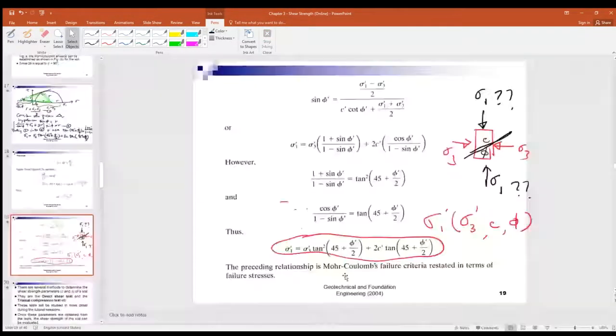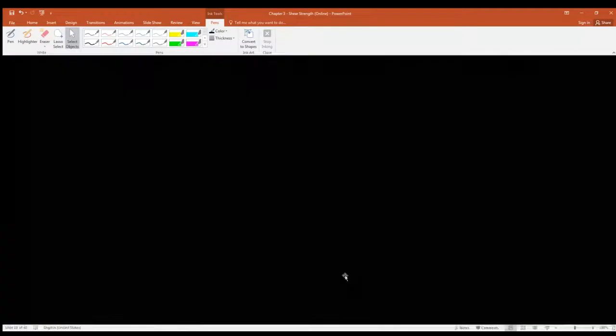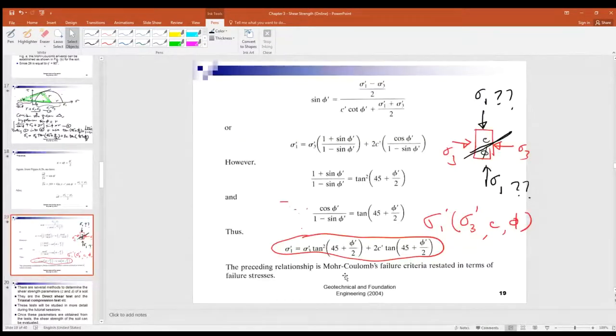Of course, you need not remember this equation. This equation will be given to you as a part of the examination data.